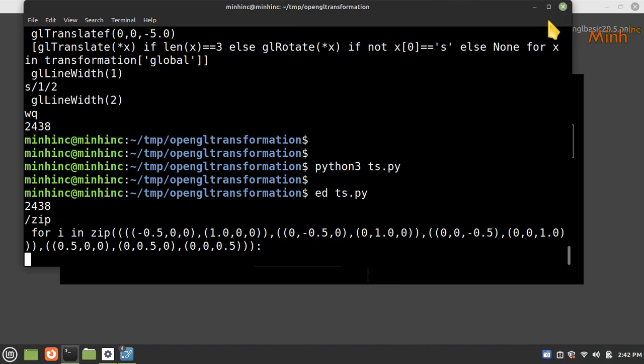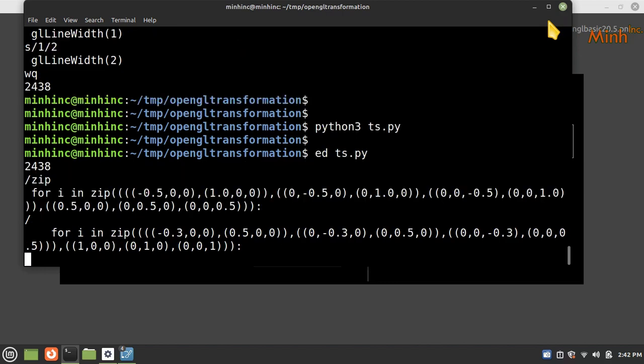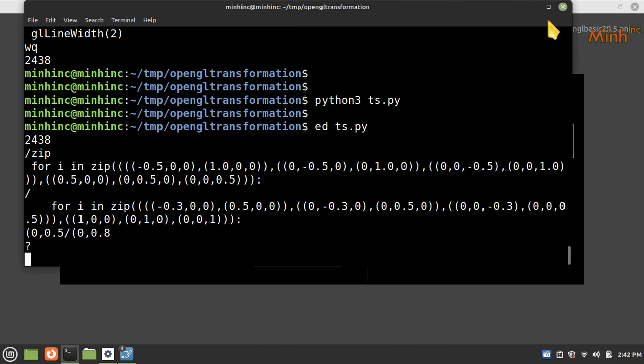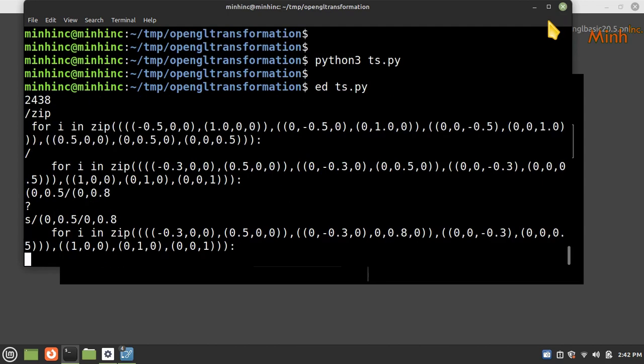I think this is not the zip we are looking for. Okay, so this is the zip we are looking for. So minus 0.5, 0.5. So we'll change this. Okay, so we'll change 0, 0.5 to 0, 0.8.